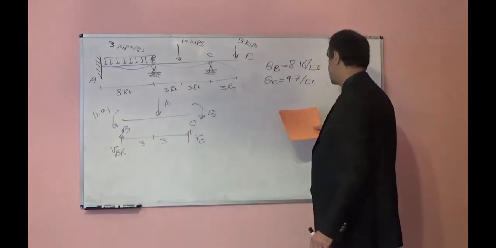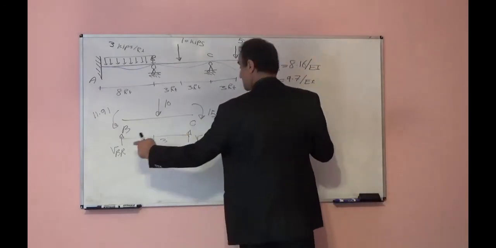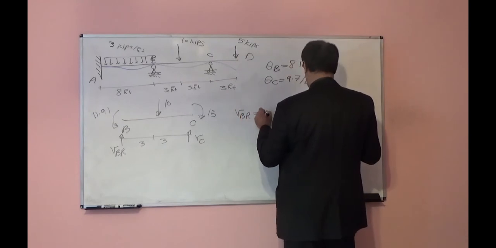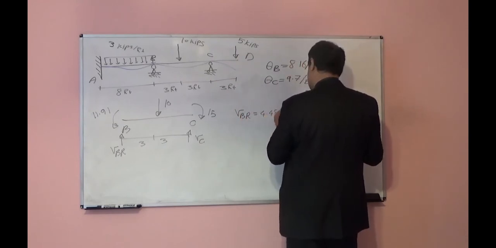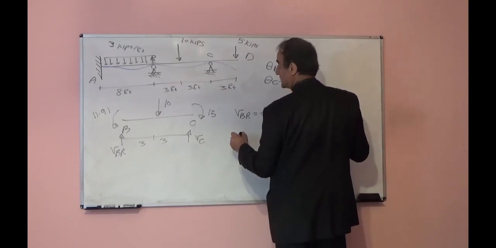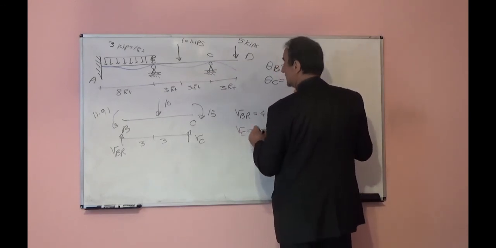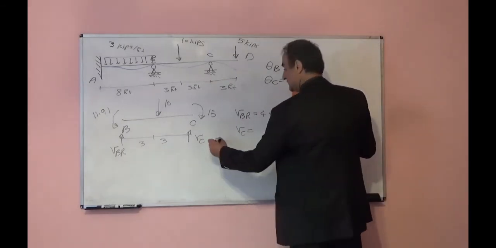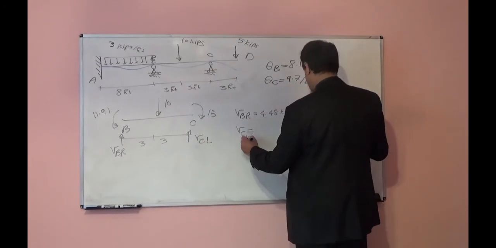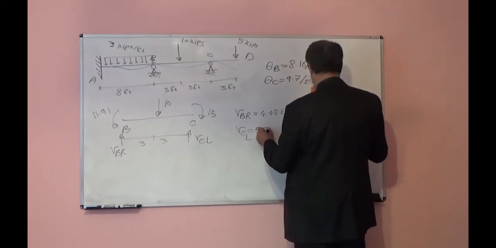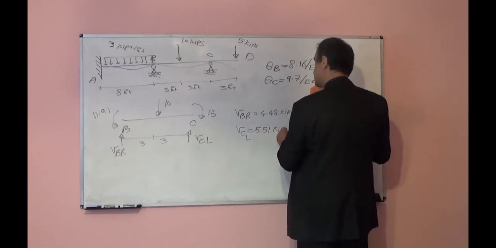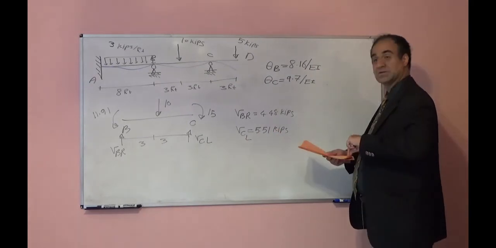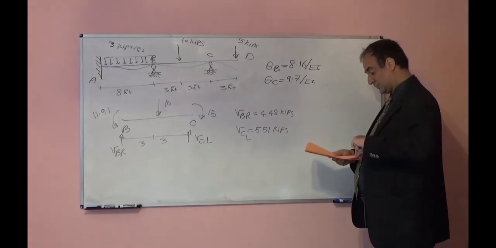If I take again moment with respect to C, you can find VB right. So VB right will be equal to 4.48 kips. And if you write summation of forces in vertical direction, you can find VC left here. VC left will be equal to 5.51 kips. Now I have all moments and reactions, so I can draw shear diagram and moment diagram for this beam.